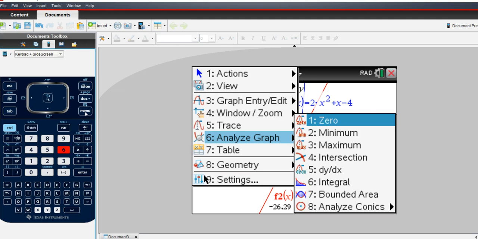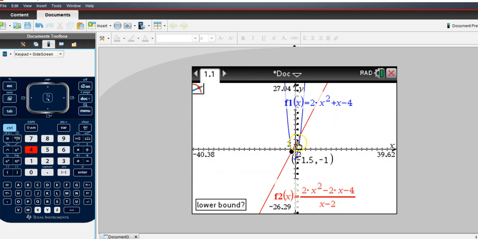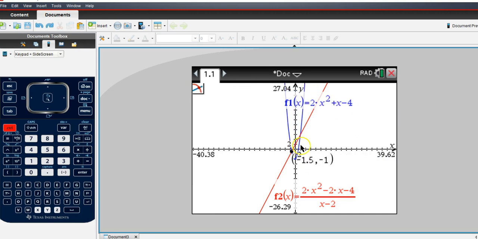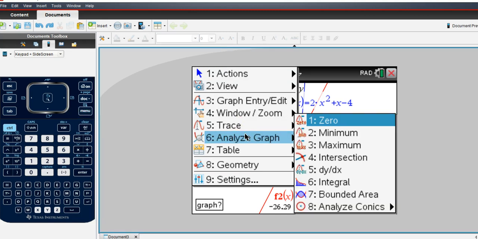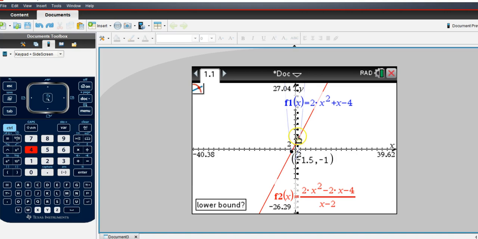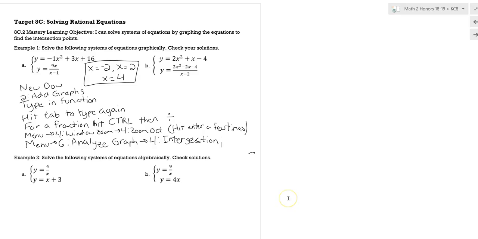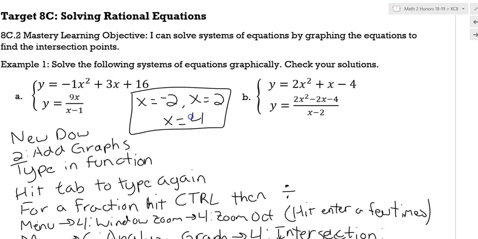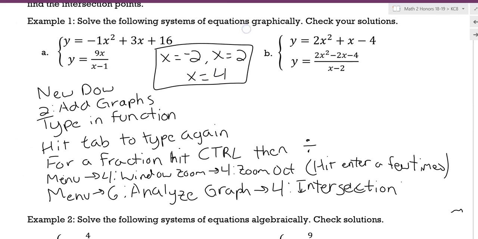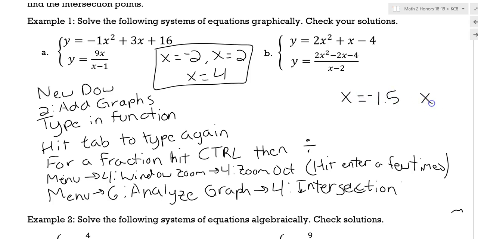Menu, 6, analyze graph, 4, intersection, left side, right side, and 2. Okay. So our two answers here were x equals -1.5 and x equals 2.